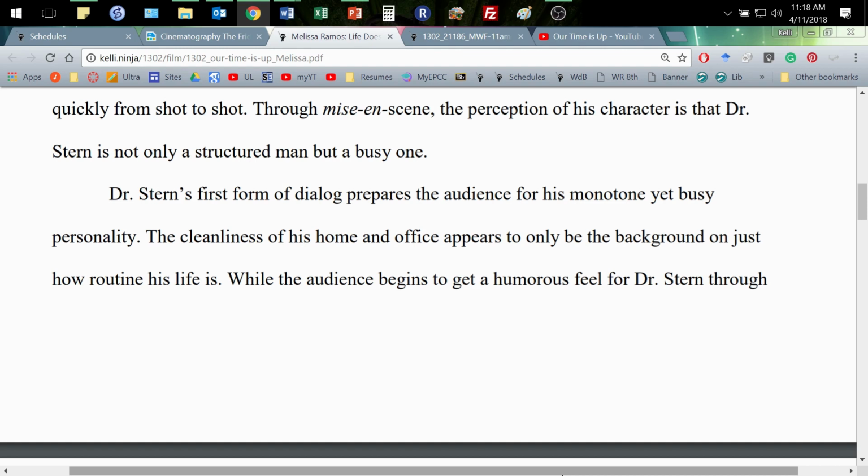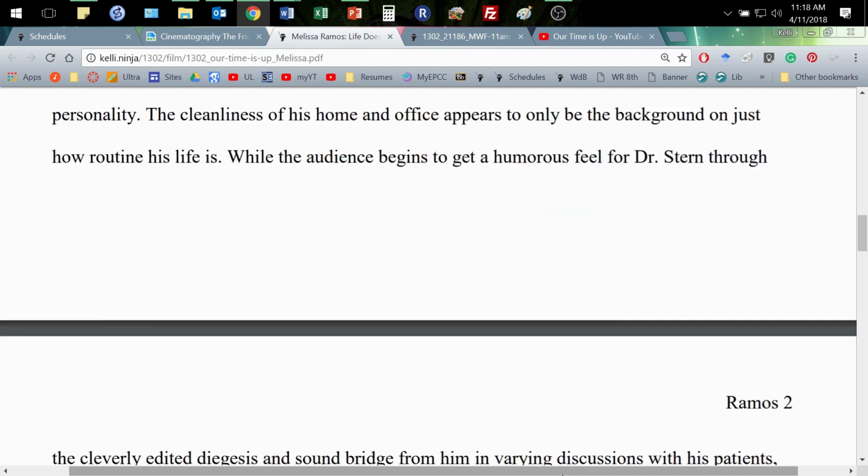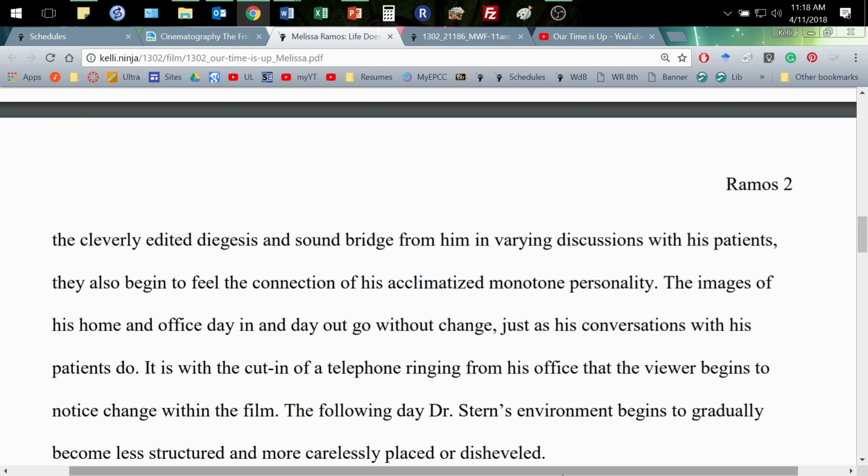While the audience begins to get a humorous feel for Dr. Stern through the cleverly edited diegesis and sound bridge from him in varying discussions with his patients, they also begin to feel the connection of his acclimatized monotone personality. The images in his home, so again, she's saying, okay, we get this feel of monotone, but what else, right?